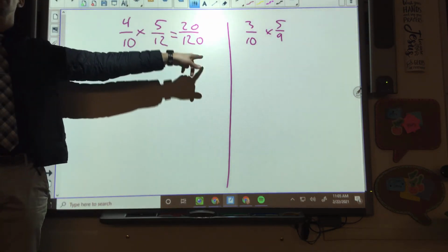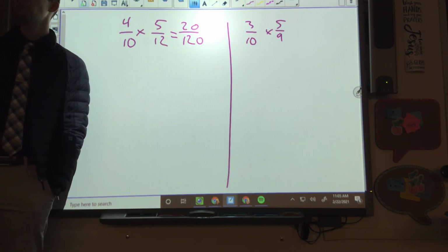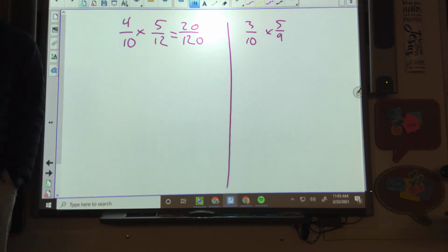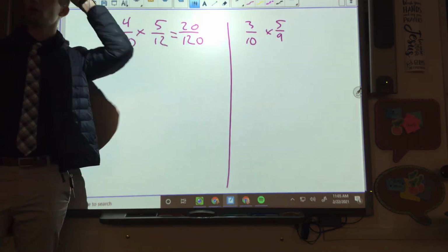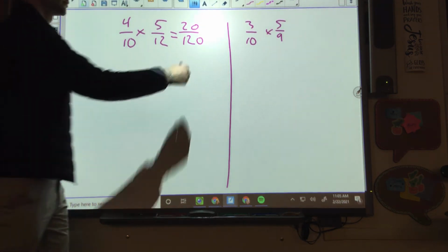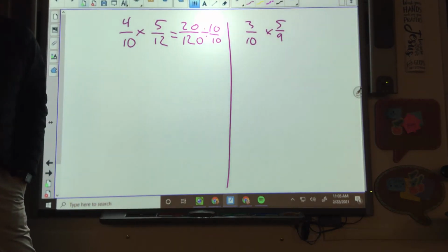Okay, so if we want to simplify, what do we have to divide by? 20. Well, there are a couple of things. Anytime you see zeros at the end, what should go off in your mind? What right away can we automatically divide by? 10, yes. Now, someone said 20, is it actually divisible by 20?